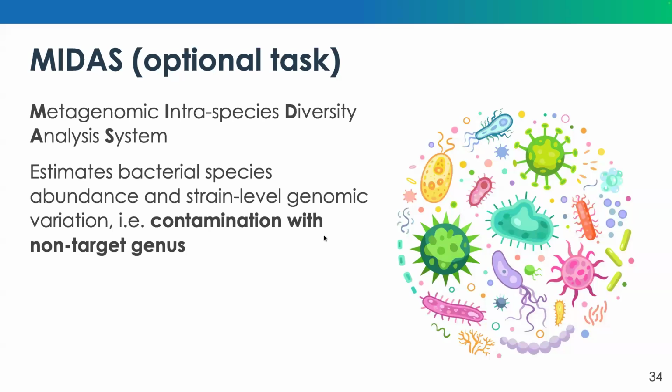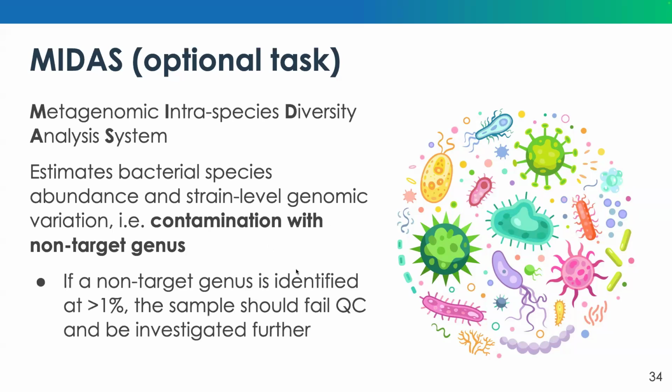You have a database of more than 5,000 species, and this aims to check the abundance of different bacterial species within your reads. And if a non-target genus is identified at more than 1%, then it's advised that the QC will fail because you have contamination within your data set.